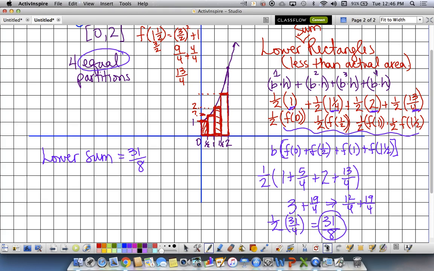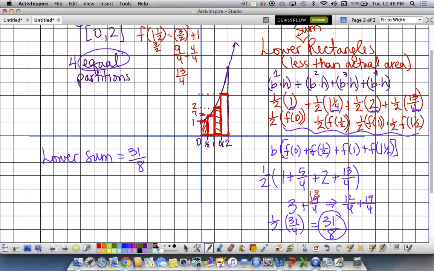5/4. That's just 2. My 13/4 could be wrong. Yeah, 13 plus 5 is 18, not 19. Of course, why does that happen to me? Because you're not here to help me. To say 5 plus 13 is 18.